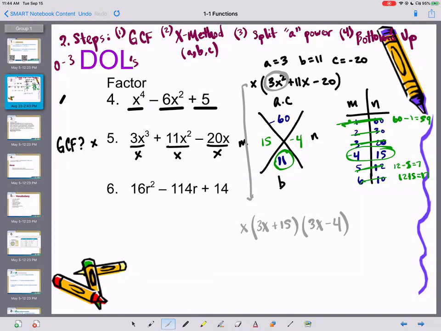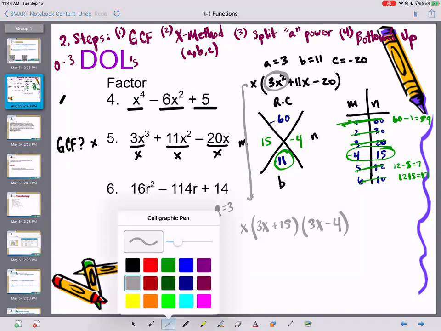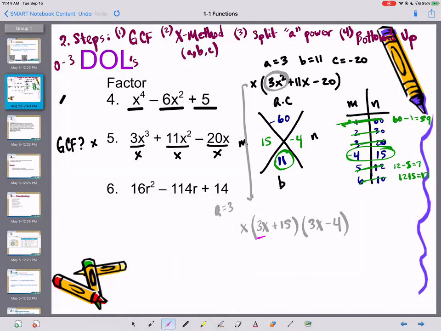And now I'm on my last step, bottoms up. Now bottoms up just means you try to divide by the A term. Since A is 3, I'm going to try to divide each parenthesis by 3. And so on this problem, one parenthesis divides and the second does not divide. Which parenthesis can be divided evenly? Which one cannot?